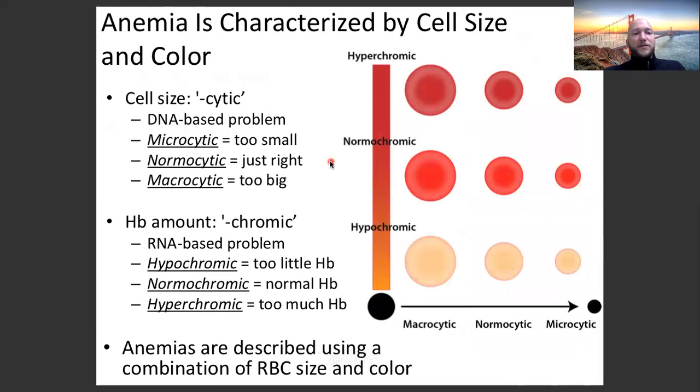So anemias are characterized by cell size and color. This is what I was talking about earlier, how we name cells as microcytic, hypochromic. We always use 2 words, one to describe the cell size and one to describe the amount of hemoglobin. So what would this cell right here, the one that I'm circling, how would you describe this cell using this naming mechanism?